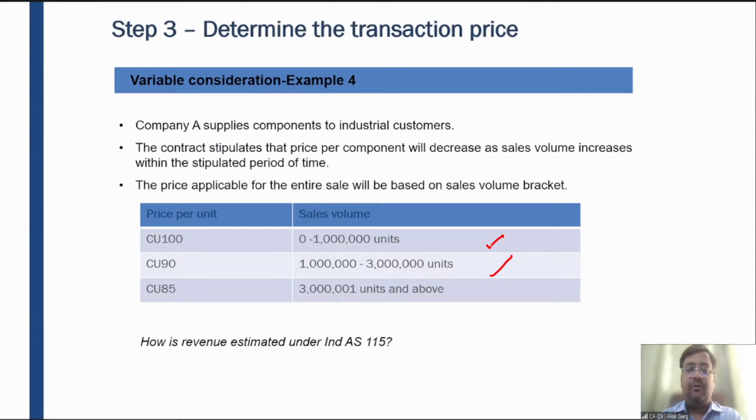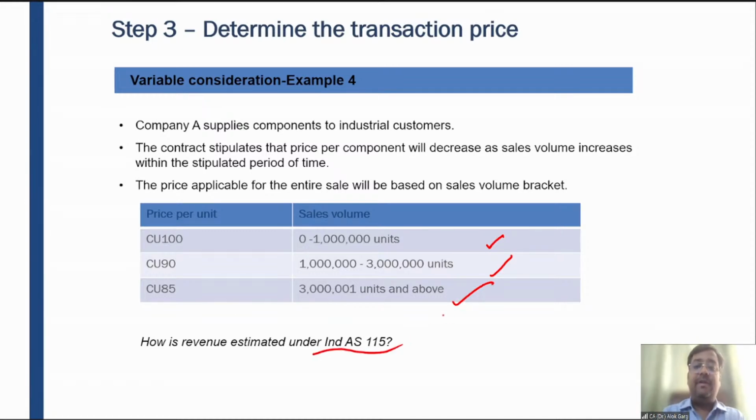If the customer gives an order of more than 30 lakh units, the price per unit will be 85 rupees. So the price applicable for the entire sale will be based on the sales volume bracket.